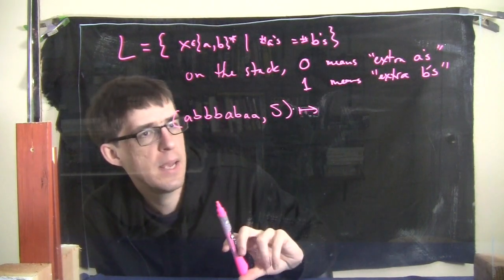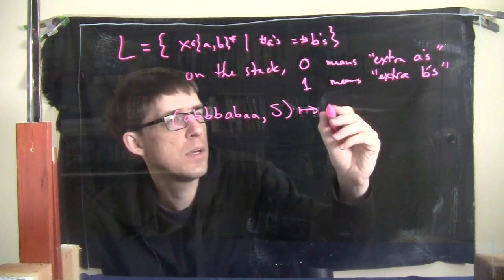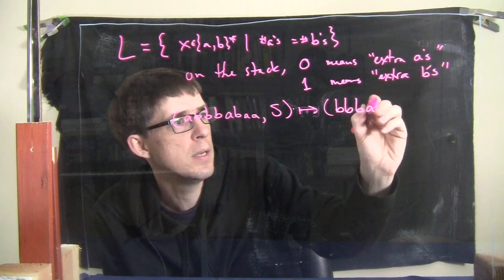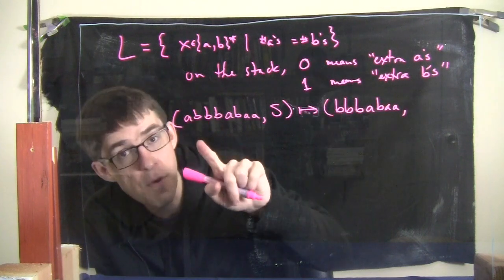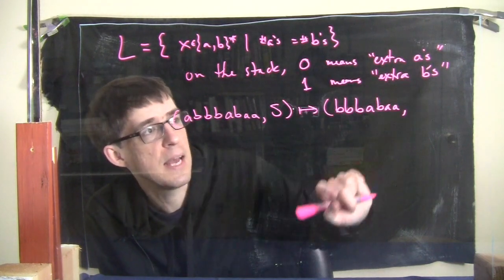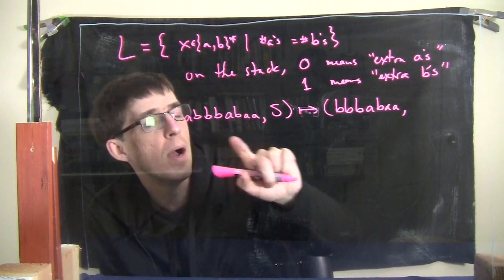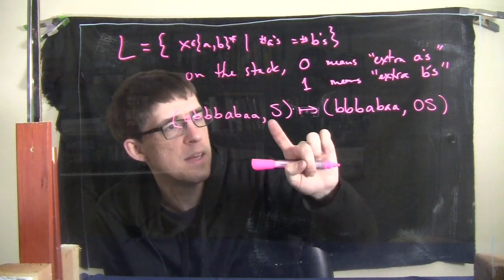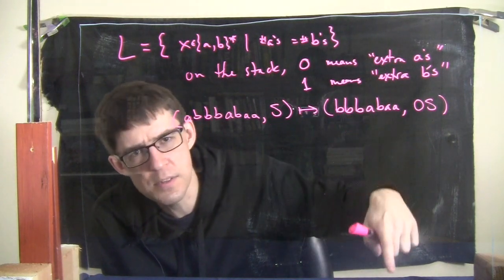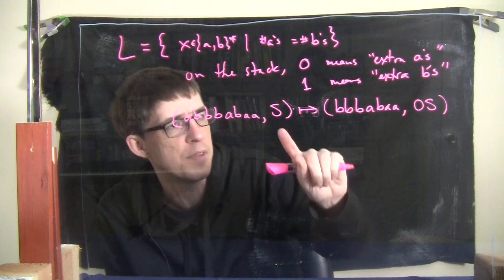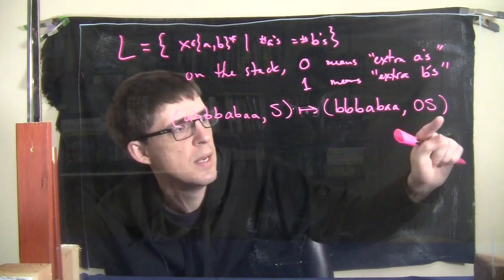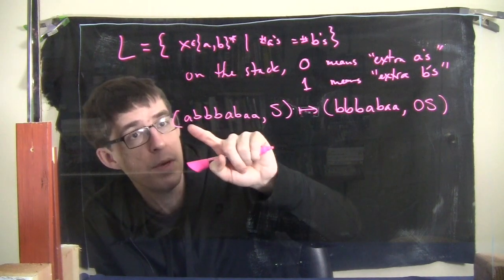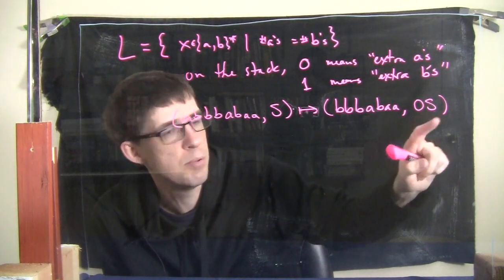I'm going to read this A here, and what's left after I read the A is B, B, B, A, B, A. So far, all I've read is an A. That counts as an extra A, and so I am going to put a 0 on the front of the stack. Technically, on your list of steps for the machine, you have to pop something. So what I did is I popped S and pushed 0S. There's going to be one rule on our list of steps that says if you read A, you can pop S and push 0S.